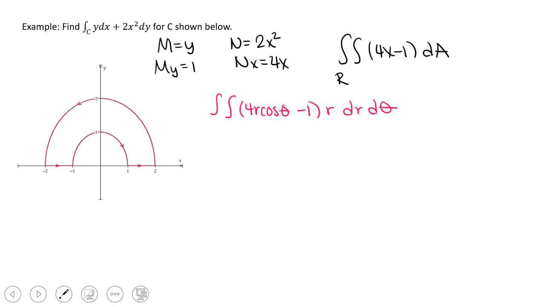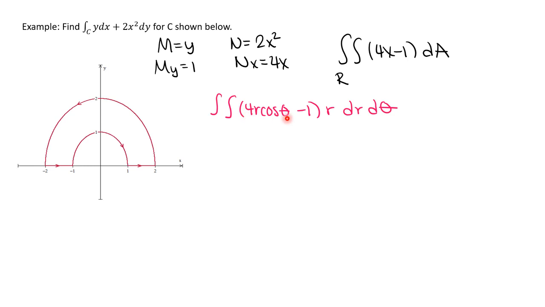Once again, we have some circular shapes, so I think doing this in polar coordinates makes the most sense. So dA becomes r dr d theta. I'm going to replace the x with r cosine theta.